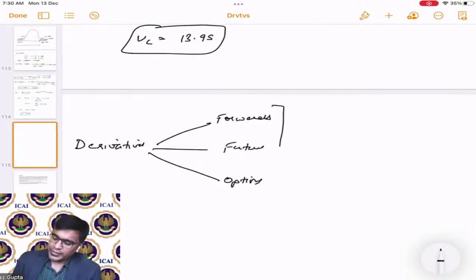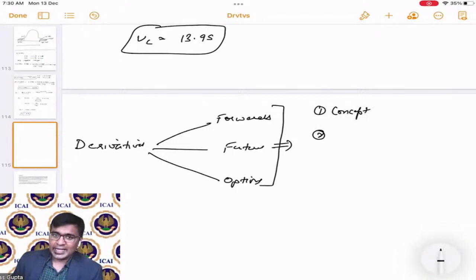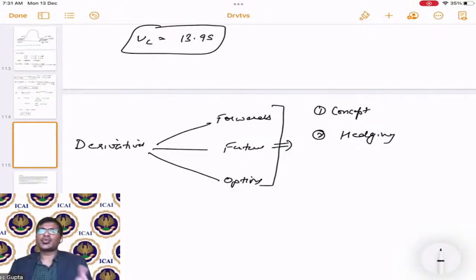For all three of them, we have understood three common things. One is the actual concept. Second is how the trading, or how the hedging happens. I can use the word hedging because hedging is used to protect against losses in future.